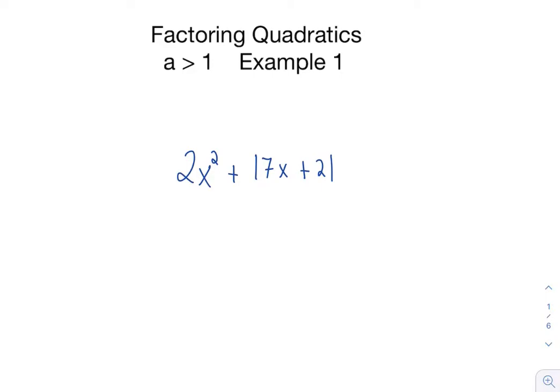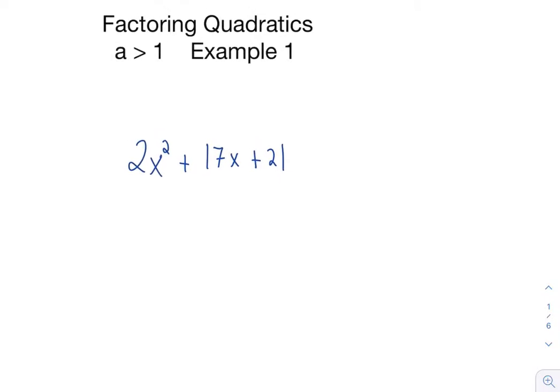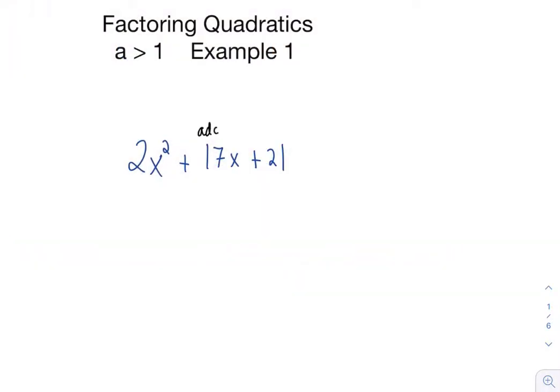The first similarity is we're still going to be looking for two numbers that multiply to one number and add to a different one. Another similarity is we're still going to be adding to this middle term. So we're going to want to add to a plus 17 here. Now the first difference is we're no longer multiplying to that last term, 21.